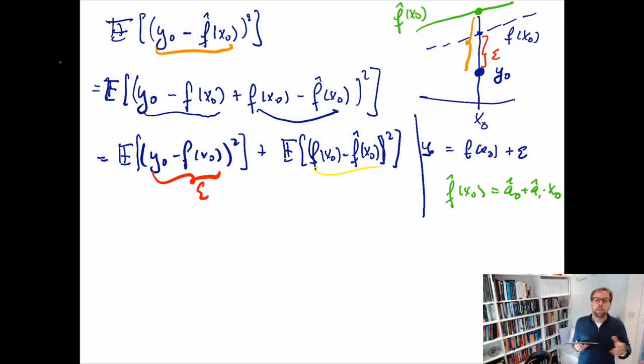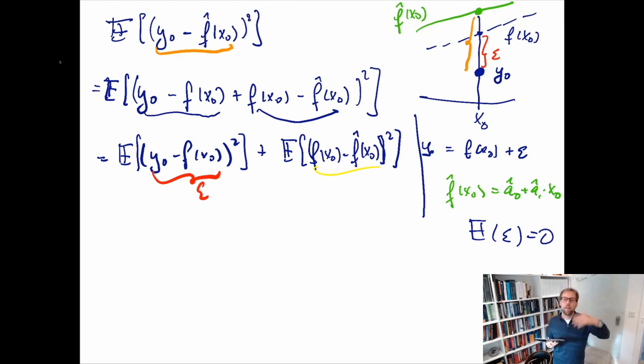But because they're independent, I can take the expectation value independently, and I know that the expectation value of epsilon is 0, because my error has mean 0. The error around my observations is mean 0. That's why this cross term, the 2ab, will be 0. So I'm only left with those two terms, and there's no cross term left.